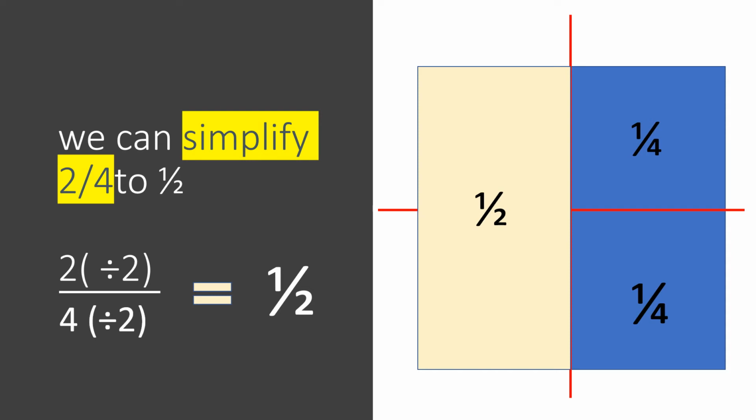If we divide the numerator at the top there by 2, and we divide the denominator there at the bottom by 2, 2 divided by 2 is 1, 4 divided by 2 is 2, so we get 1 over 2. That is an equivalent or equal fraction to 2 over 4, and this is simplified. It's in the simplest form because we can't divide those numbers down anymore.